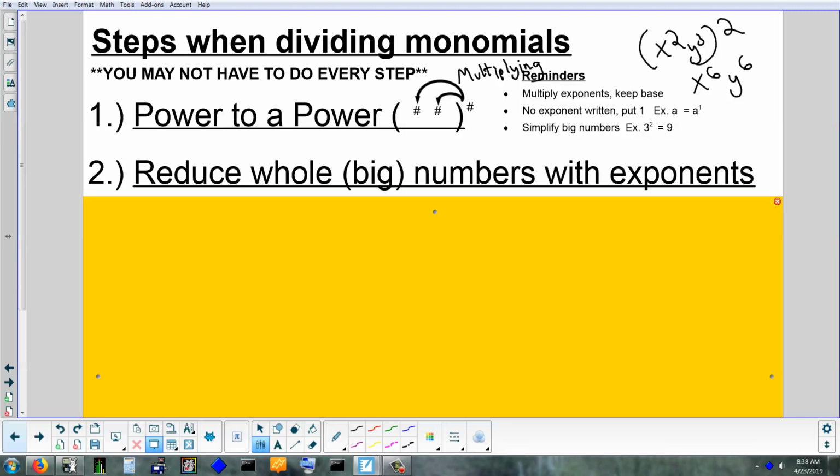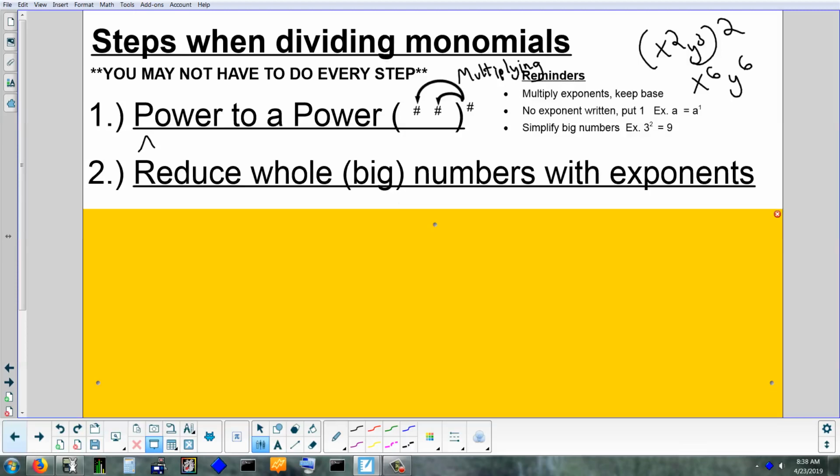Either do it in your head, remembering it's the big number multiplied together as many times as the little number says. 3 to the second is 3 times 3. 2 to the fourth is 2 times 2 times 2 times 2. And if you're not sure, use the little caret button on your calculator, and if the number is negative, put it in parentheses. You want to make sure you reduce. Again, you might only have 1 or 2 things.